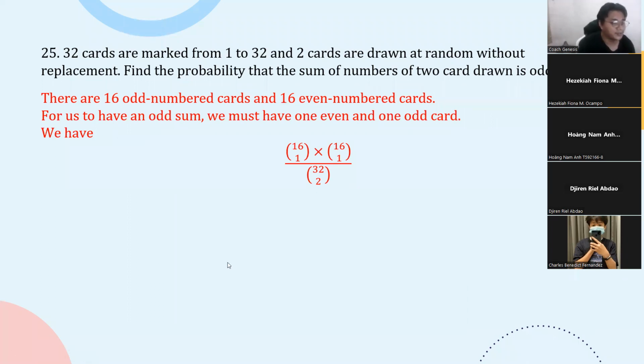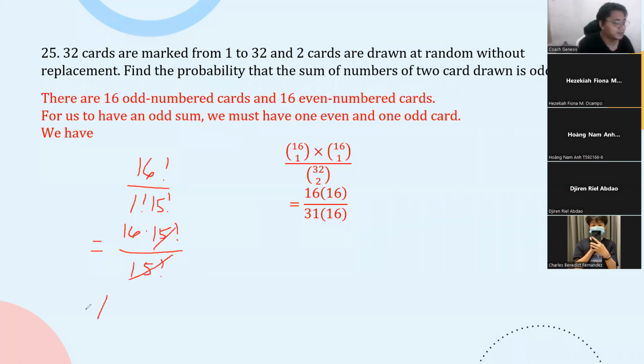So if you simplify this one, 16 choose 1 will just be 16 factorial divided by 1 factorial, 15 factorial, which is just 16 times 15 factorial over 15 factorial, or just 16. So that is why you have 16 times 16 here.